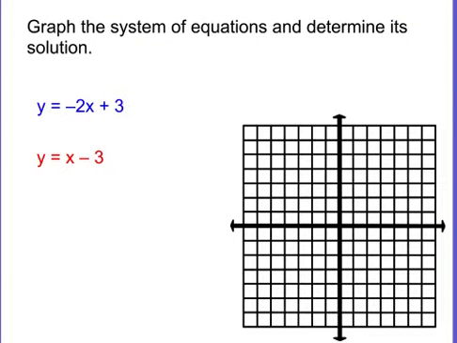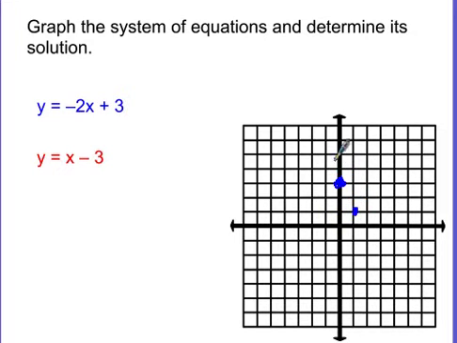So we're going to graph the system of equations and determine its solution. I have a blue equation here. I color-coded some of them so we can see them a little better. y equals negative 2x plus 3. So let's graph it. What do we do? Y-intercept is 3, and slope is negative 2, so down 2, right 1.